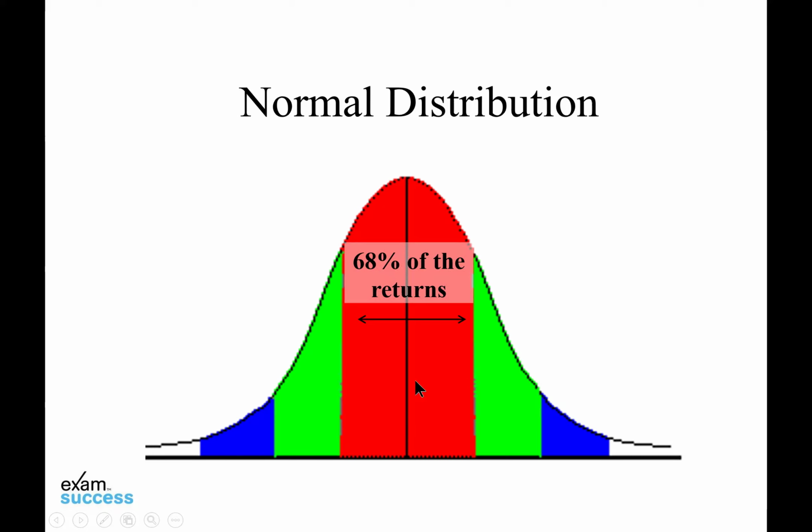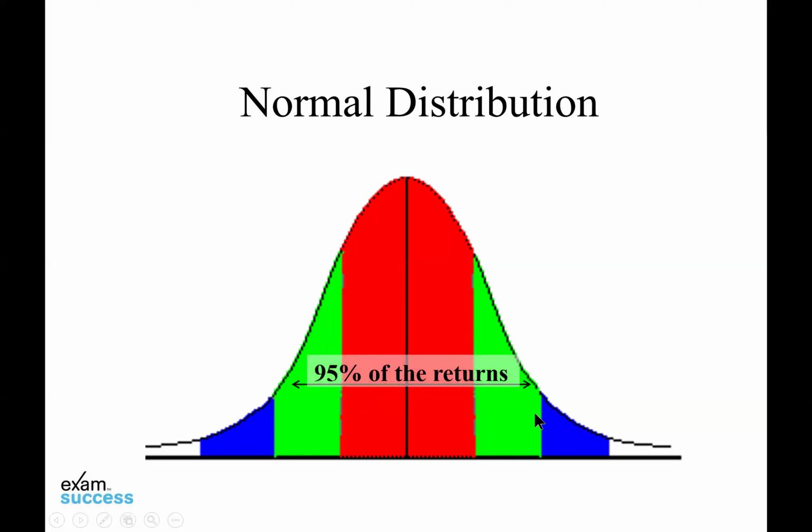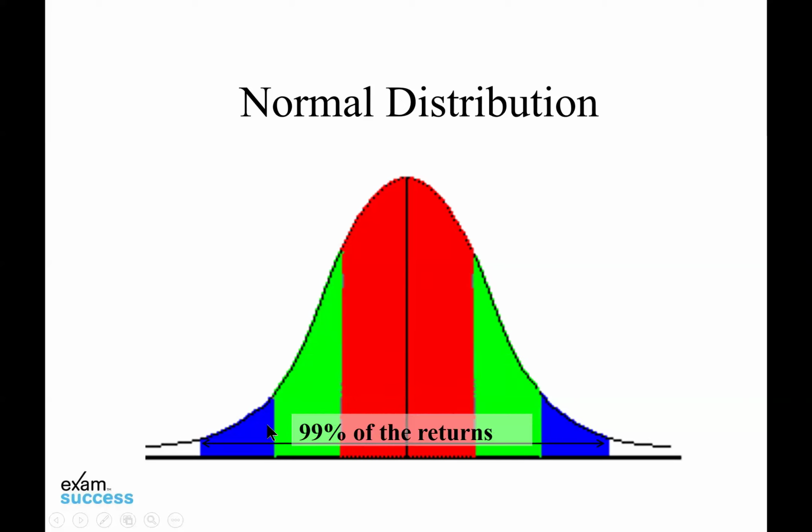If we go two standard deviations above or below the expected value, about 95% of the observations will now fall within this range from this lower limit to the upper limit. And if we go three standard deviations below and three standard deviations above, from this lower limit to the upper limit, about 99% of the returns will fall within this range.